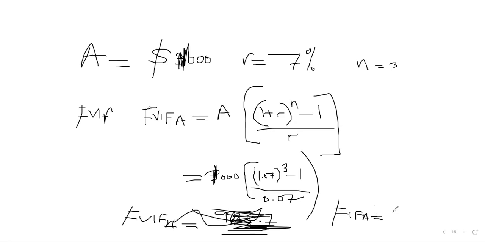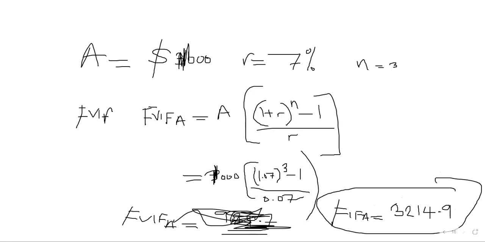So the answer is 3,214.9. This is the future value interest factor of an annuity that we need to go for, please.